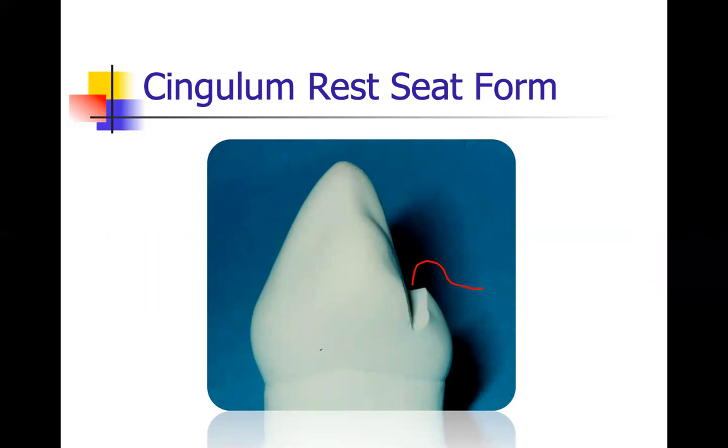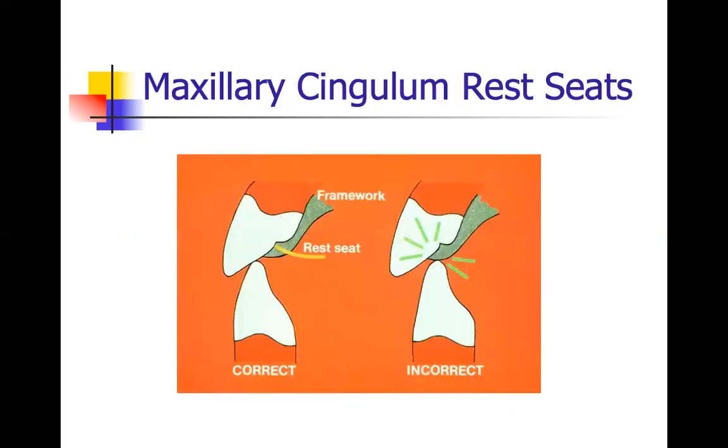The rest seat must be prepared within the enamel and must be highly polished. In preparing a maxillary cingulum rest seat, avoid opposing occlusion. This is the correct position of the rest. This one is incorrect.